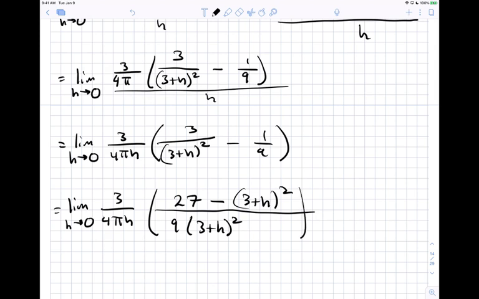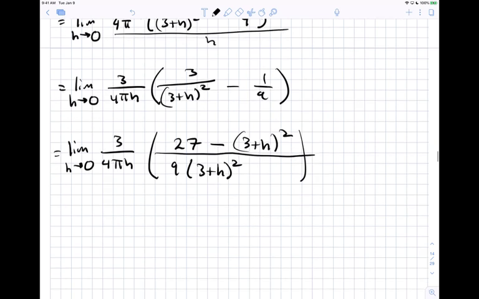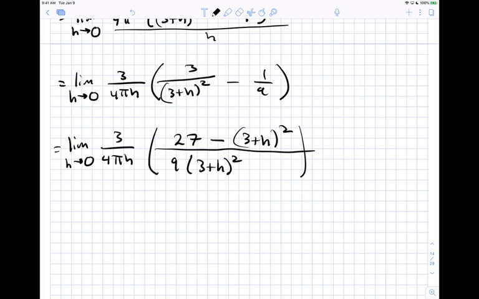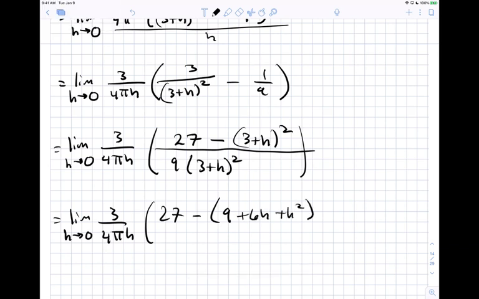I think that'll get it going. So the limit as h tends to 0, 3 over 4 pi h. Now that's going to be 27 minus, that's going to be a 9, 6h plus 6h plus h squared over, I'm still going to leave this as 3 plus h squared.